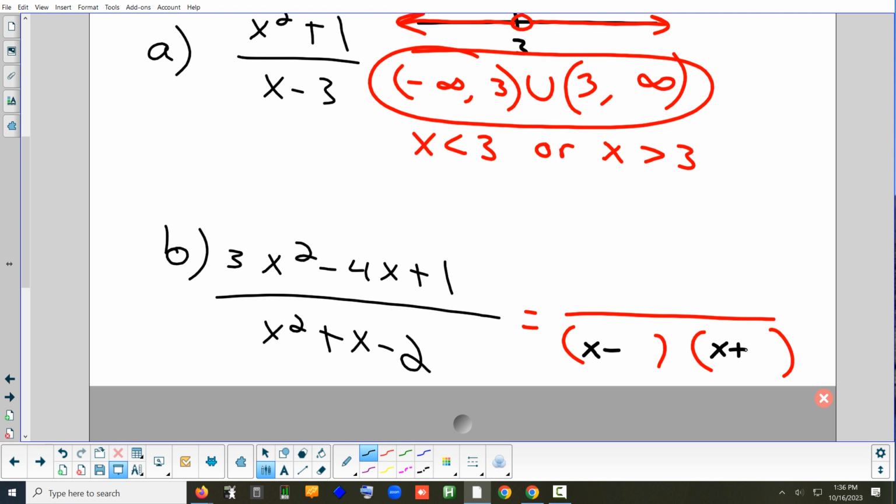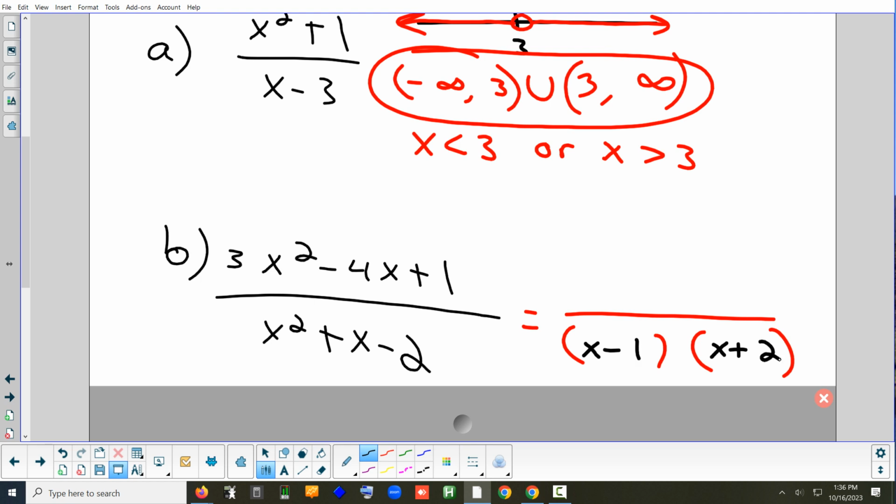And now we need 2 numbers that multiply to give us 2. I'm going to put the bigger number with the positive because I want the middle to come out positive. So 2 numbers that multiply to give me 2: 1 and 2. And I would do them exactly in that order. Let's check it.